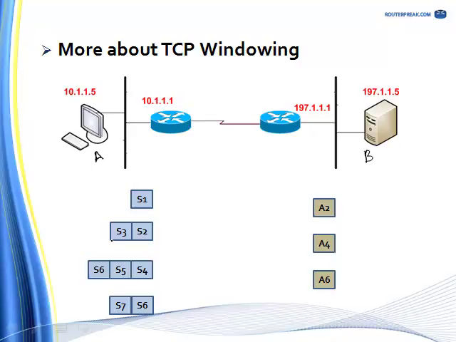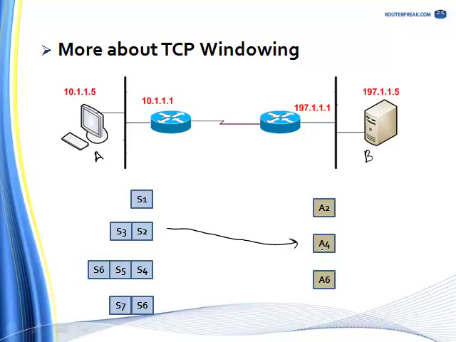So then computer A opens up his TCP window just a little bit more. He's going to send packets sequence 2 and sequence 3 now. So he's sending 2 buckets full. He's going to send it over here to server B. He gets it fine.